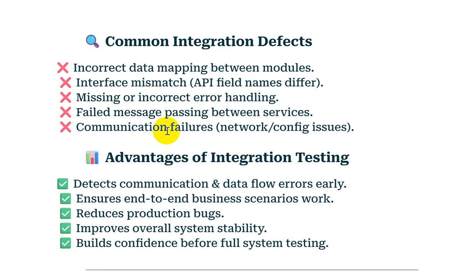Communication failures: if we have different modules, obviously we will have different APIs, and the APIs may not communicate with each other properly. At that time there might be issues like network issues or configuration issues. So these are the common integration defects.